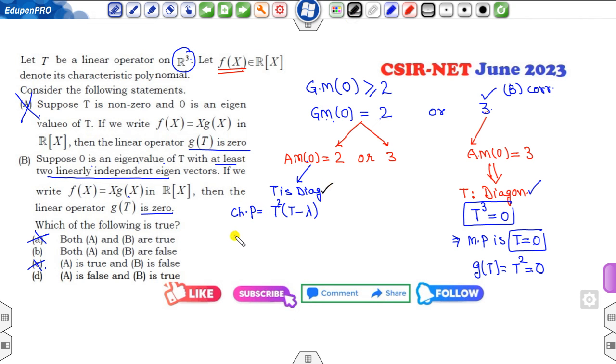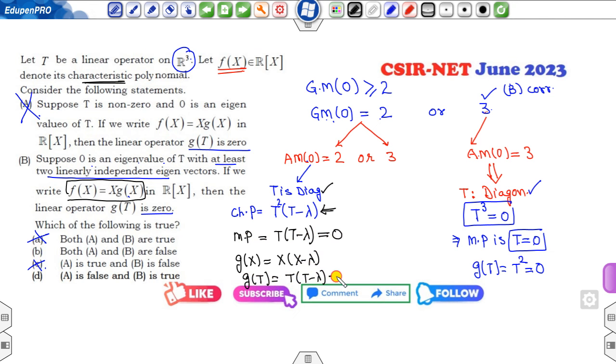But because of diagonalizability, the minimal polynomial will be the linear factors, x times (x minus lambda). Comparing with f(x), g(x) will be x times (x minus lambda). Then g(T) is T times (T minus lambda). It is the minimal polynomial, so this value must be 0. So this case is also satisfied.